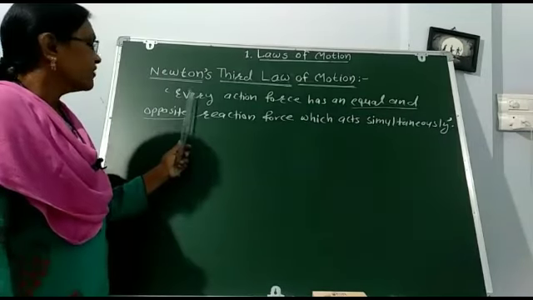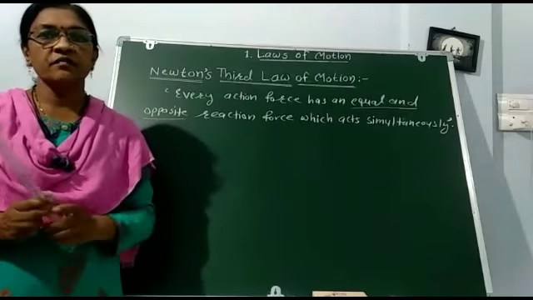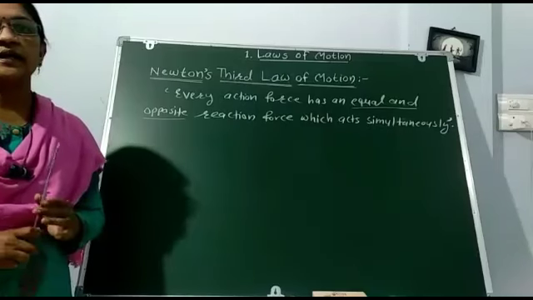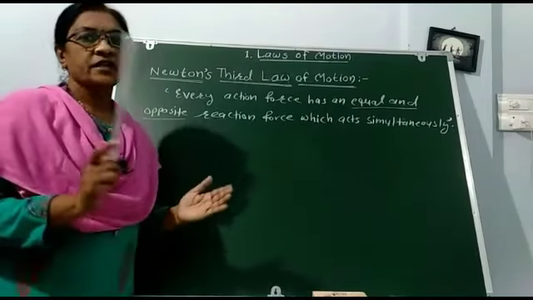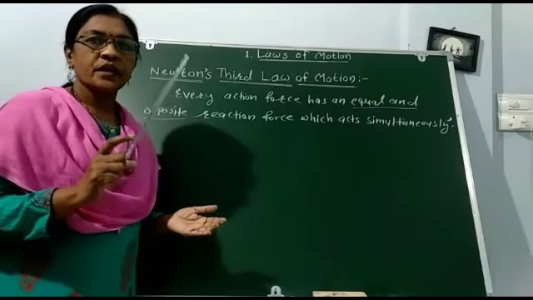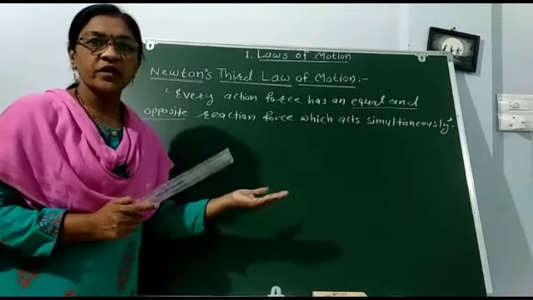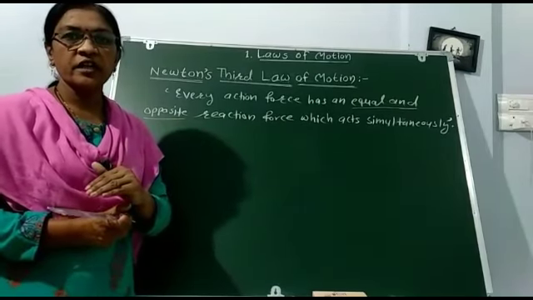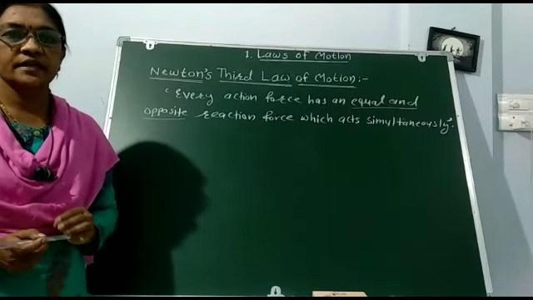An example of this law is while hitting a ball with a bat, the speed of the bat decreases because while hitting, the bat applies a force on the ball. At the same time, the ball also applies a reaction force on the bat, and as a result, the speed of the bat decreases.